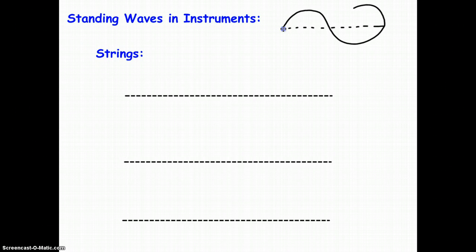Trough becomes crest, crest becomes trough. And so that would be what one complete standing wave would look like. These two regions here are called antinodes, and these regions here, here, and here are called nodes.